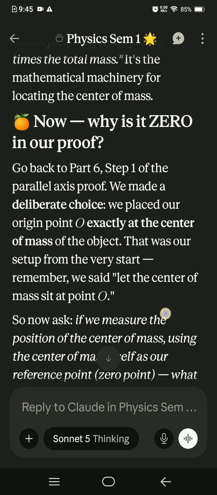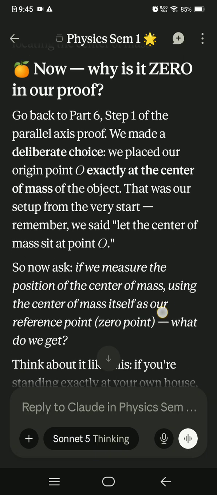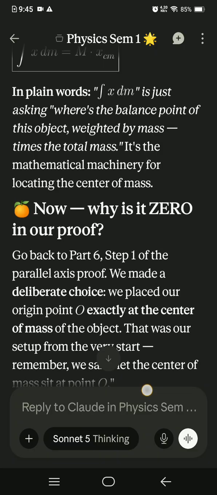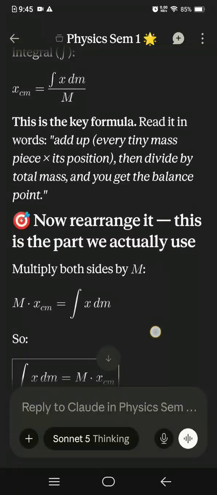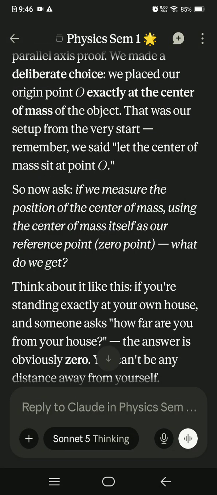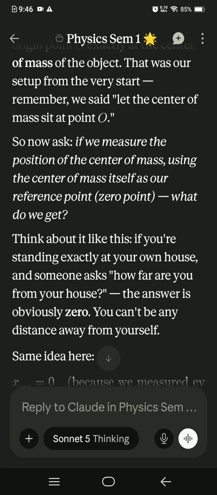Remember, we said let the center of mass sit at point O. So now ask, if we measure the position of the center of mass using the center of mass itself as our reference point, our 0 point, what do we get?